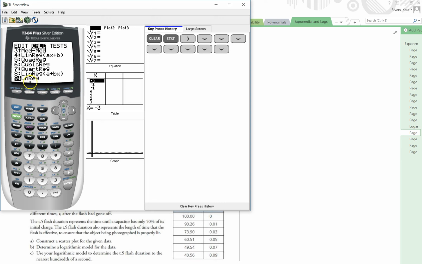So ln is the one we're using. In my calculator, it shows up as 9. It might show up as 0 in yours, so make sure you're looking carefully to see which value. In our notes, it says 0, but in my calculator, 0 is the exponential regression. So ln reg, don't confuse that with lin reg, which is your linear regression. ln reg is your logarithmic regression.